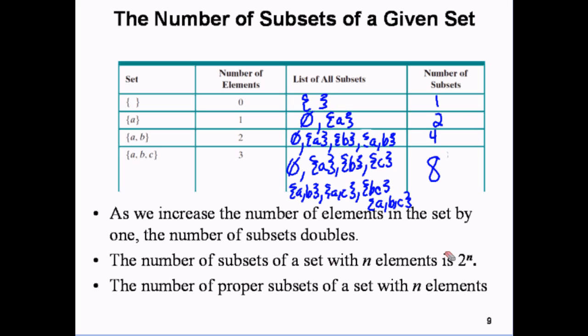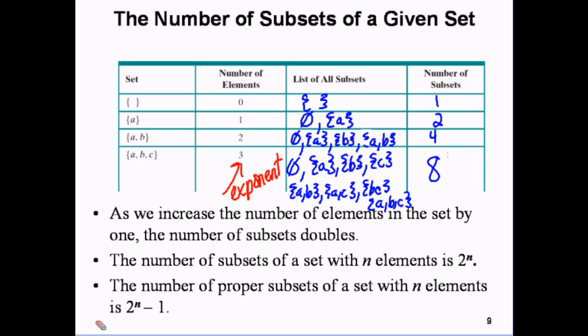So you take your number of elements, that becomes your exponent on the number 2 to figure out how many subsets there are. So let's say I have a huge set.